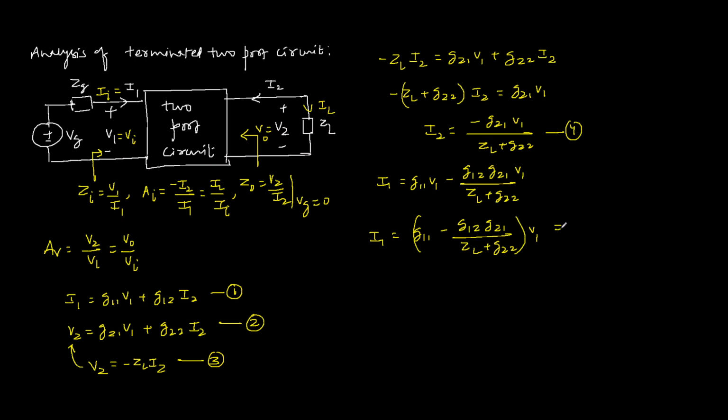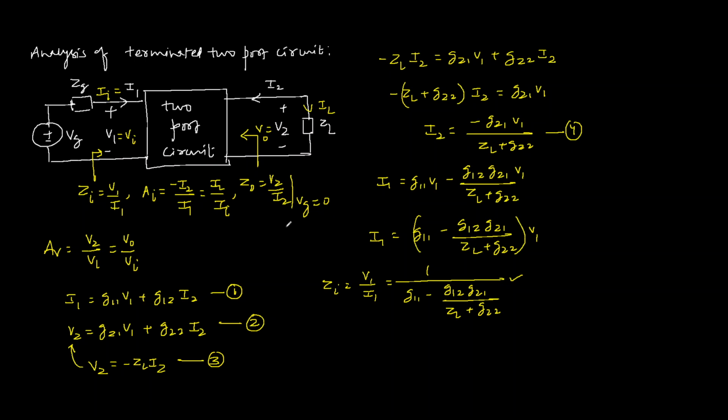So this will give Zi, input impedance, which is V1 over I1, equal to 1 over G11 minus G12 into G21 over ZL plus G22. So in this way we can find the input impedance.